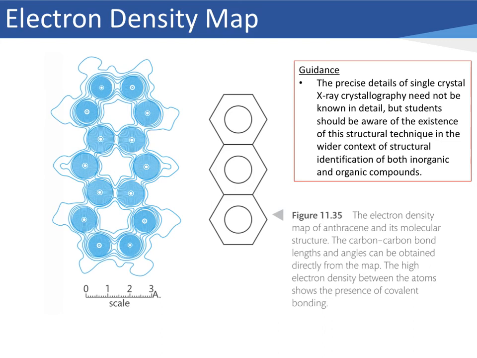Just be aware of it as a technique. Understand that it's used for bond angles. We could determine an angle from this. We could determine a bond length from this. And it helps in structural determination. And I think X-ray diffraction is something that makes more sense later after we've done more work on spectroscopy. Not that we understand it better, but it gives it a little bit better context.